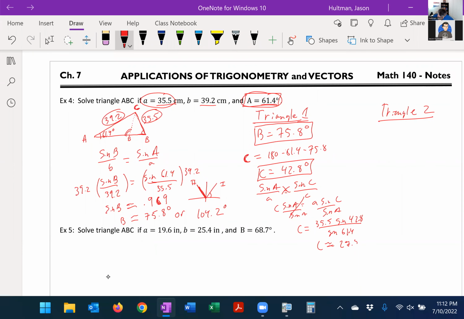This is a side, not an angle. What were my units here? Centimeters. So we'll round to the nearest tenth of a centimeter. And so C is that. Okay, so we solved for triangle 1.